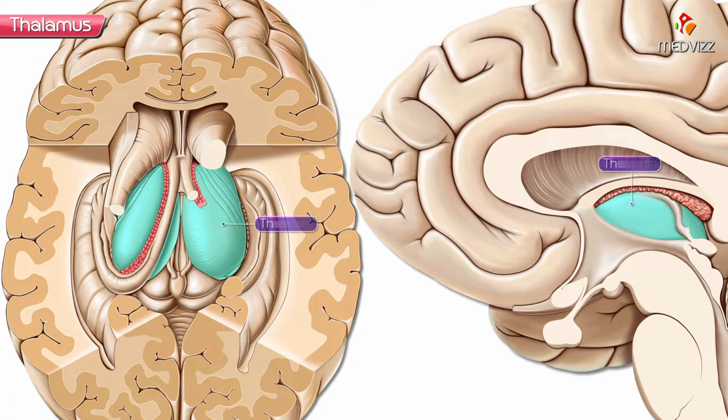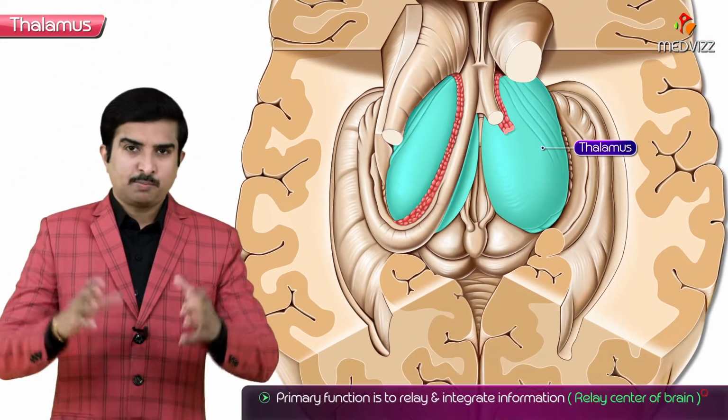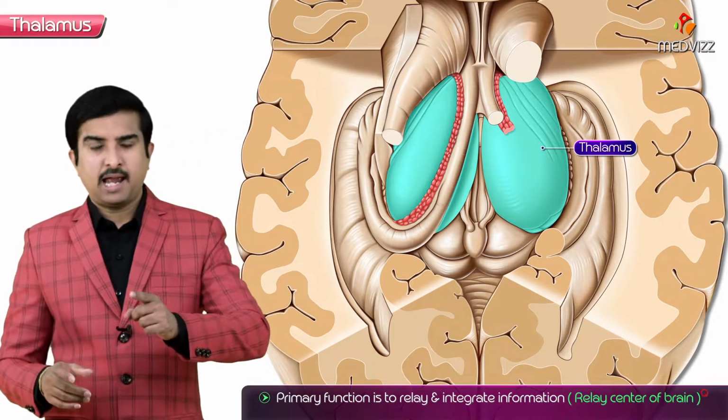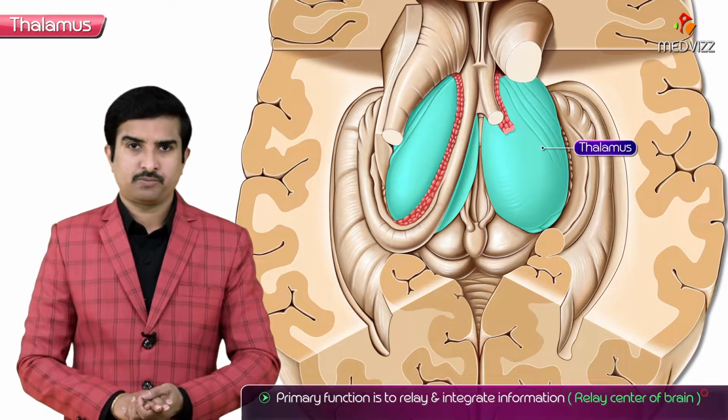And when we talk about the thalamus, it is the largest subdivision of the diencephalon compared to all these four structures, whose primary function is mainly to relay and integrate information.